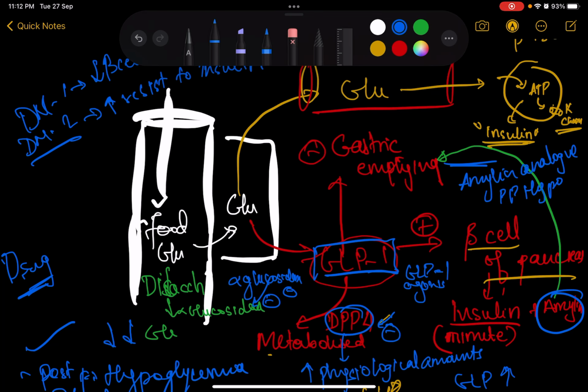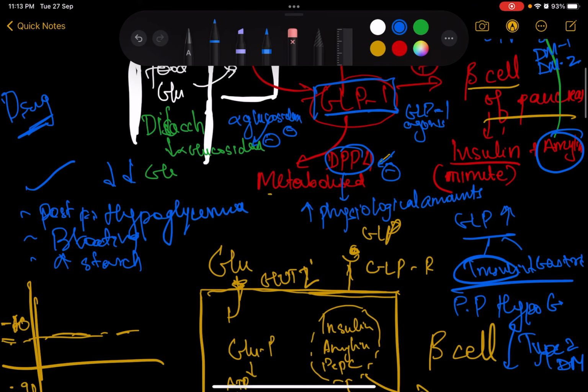Well, amylin is not going to act directly on the beta cell. Rather, amylin is actually released from the beta cells. So let's say the beta cells are fired up in type 1 diabetes mellitus. Why do we need to worry? You have amylin synthetic analogs you can directly give. So you could use it in DM1 and DM2. In DM2 you would have to use it because there is insulin resistance. And the same side effects apply: postprandial hypoglycemia, nausea, vomiting.